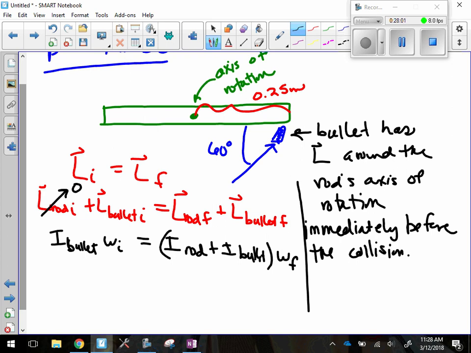Right, so let's go up here for a minute. What's I bullet going to be? It's going to be m r squared, because it's this compact mass that has a very small radius with respect to the rod.